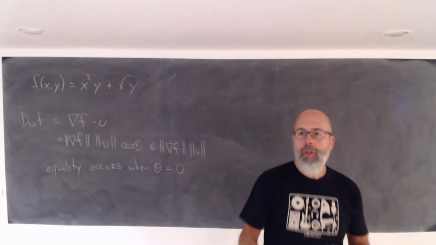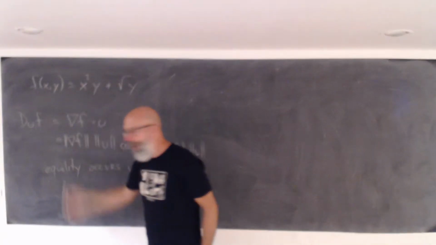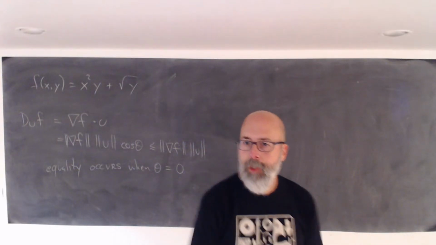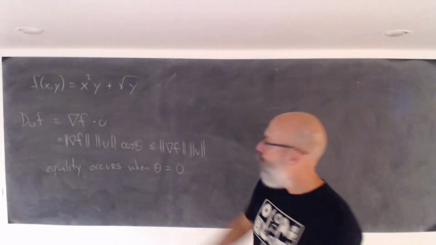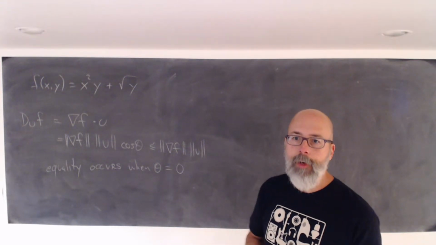So when u is in the direction of the gradient, and that proves it. So we don't need to prove it for a particular example. We've proven it in general.